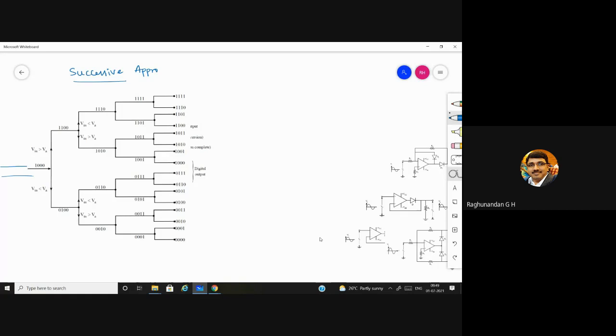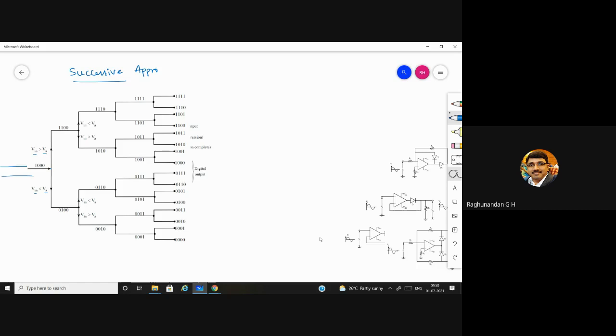Let us consider 1000, which is given out here, and here we have two levels. If it goes in the upward direction, it indicates that the input is greater than the previous value. VA is the previous value which is given by the DAC. If the input is less than VA, it goes to the lower level. So this is the tree conversion process we are going to use.